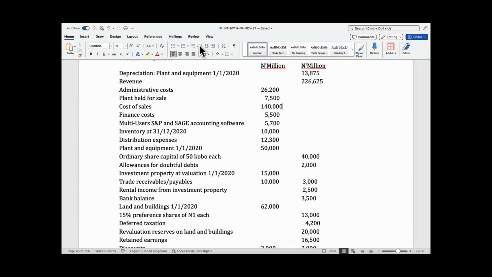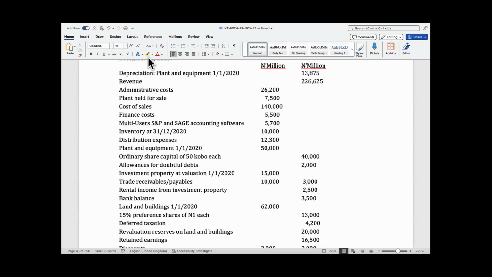And sometimes, some funny examiner might give you manufacturing wages. You have to add that also to get your cost of sales because it's a direct cost. But in recent time, when I say recent, 2 years, they have not done that.